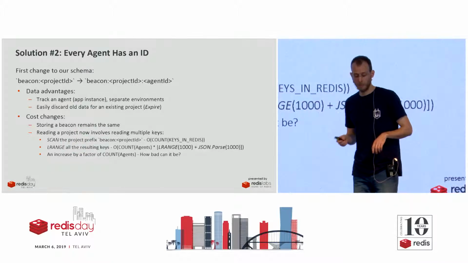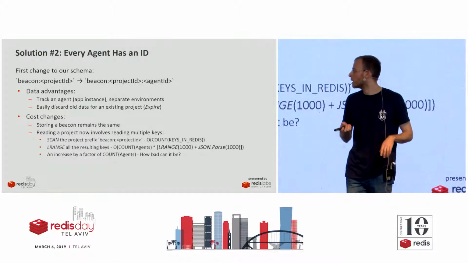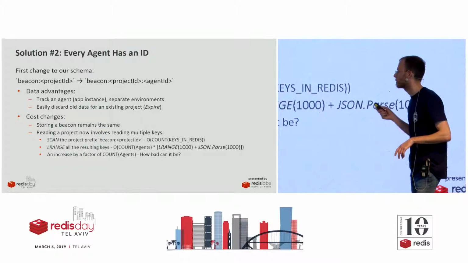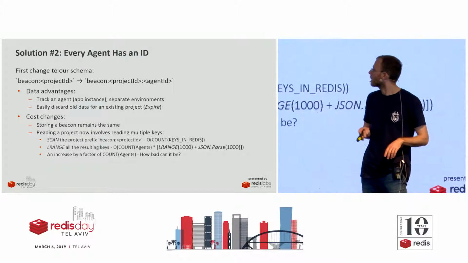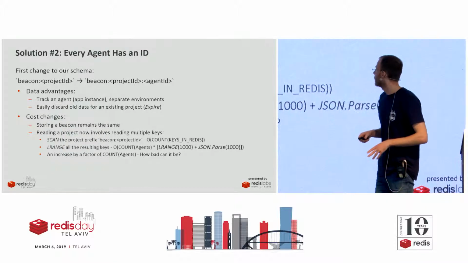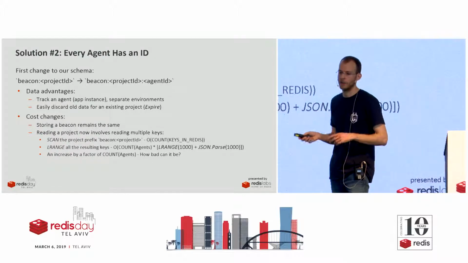But now reading a project starts being a bit more significant because first we needed to scan the Redis keys for anything that matches our beacon prefix for that project. So first we needed to scan all the relevant keys, which has a linear cost depending on how many keys are in Redis.